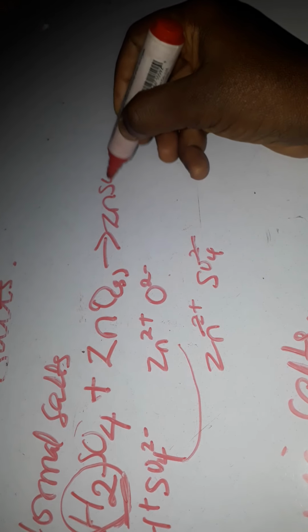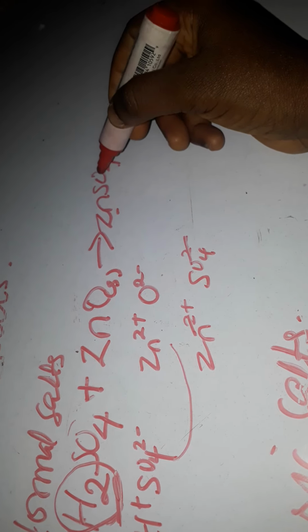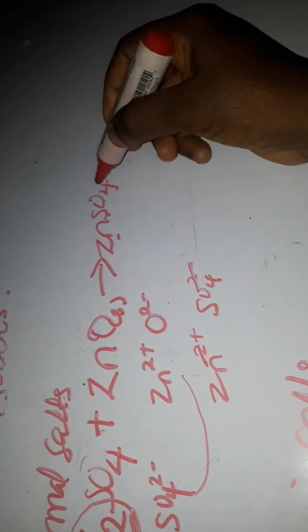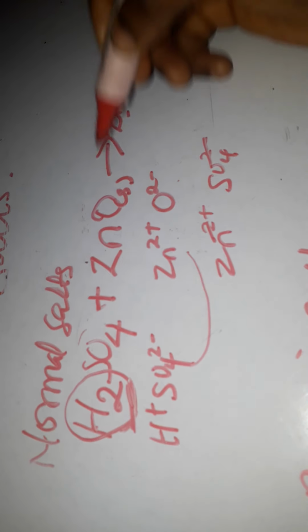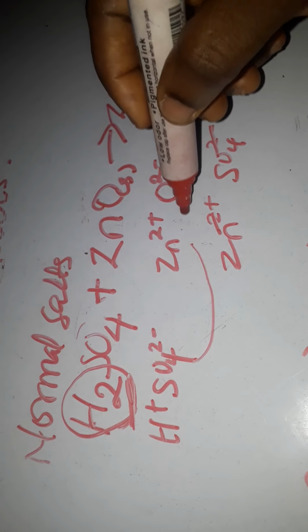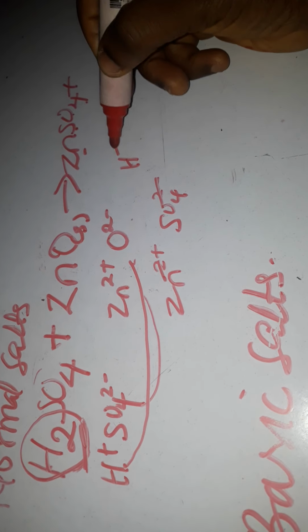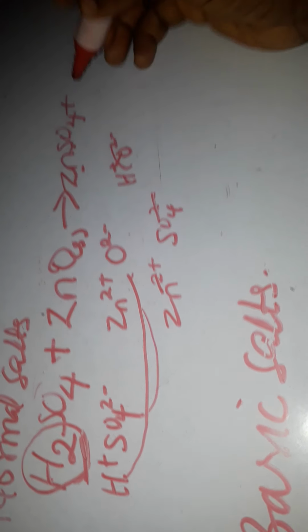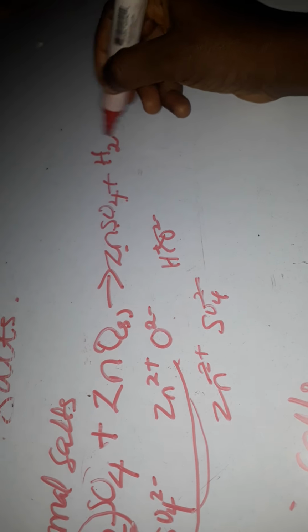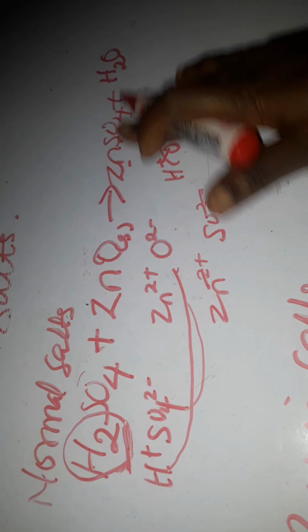They cancel out to give you zinc tetraoxosulfate 6. Now we have the hydrogen and the O2-, to give you H2O. This is salt and this is water.